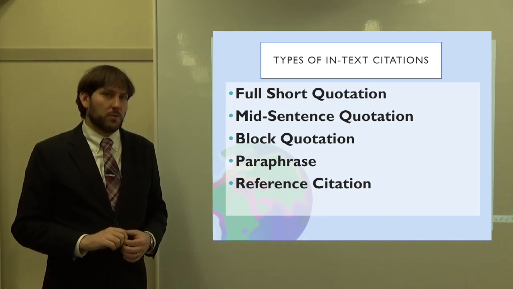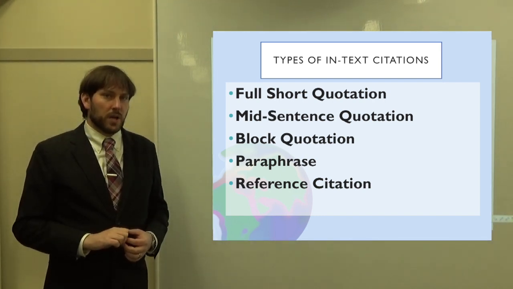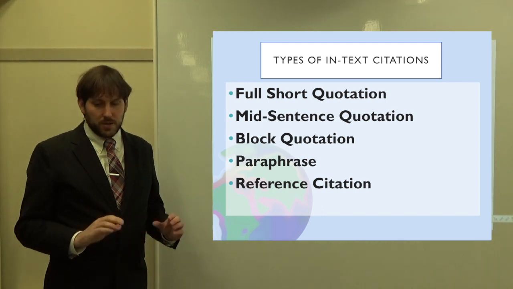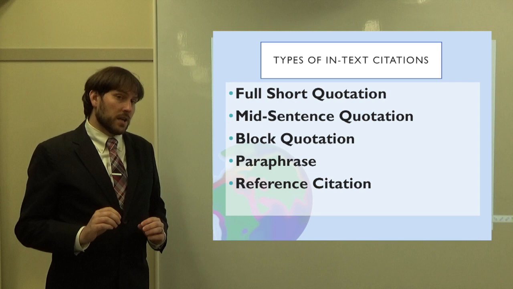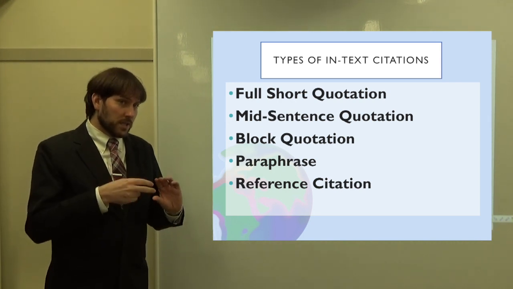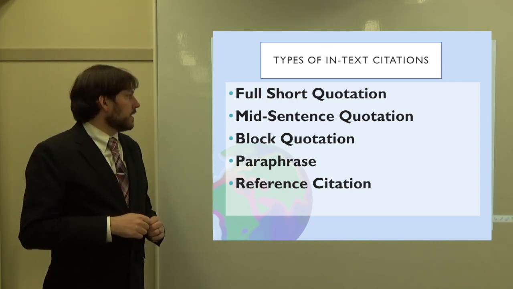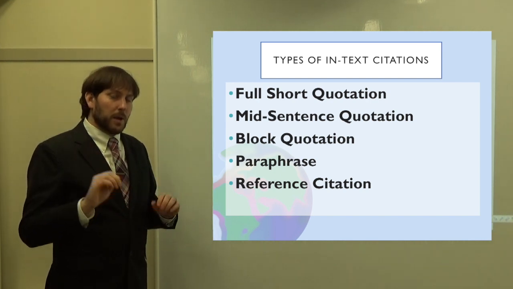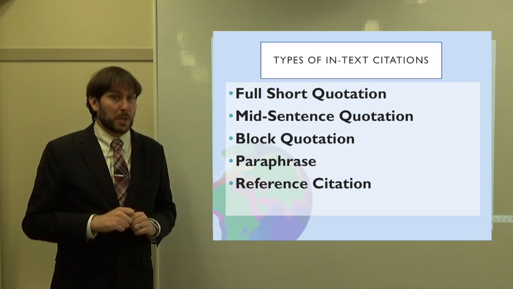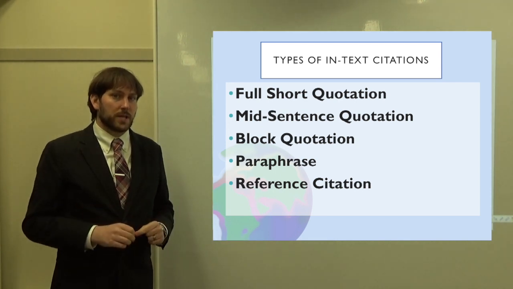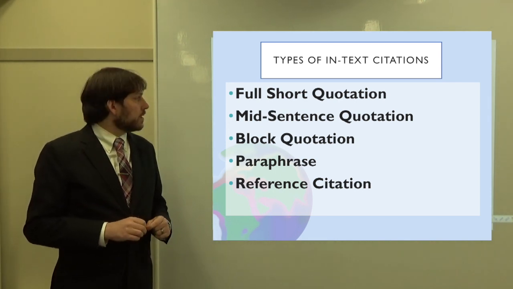A full short quotation is when I take one sentence and I use the same words that the person used. In English, I can just put a colon in front of that sentence, and then I can put it in my paper. And anytime that I use a quotation, I then need to explain how that quote relates to what I want to argue.